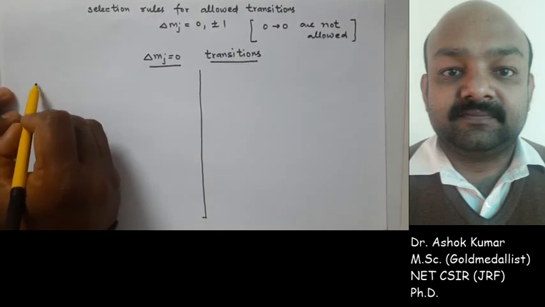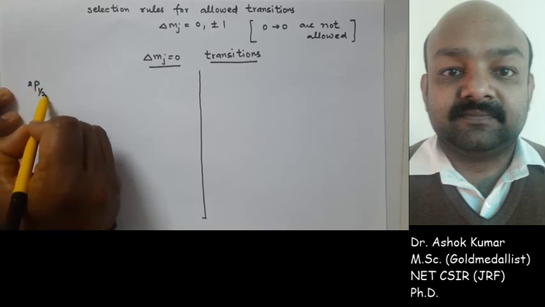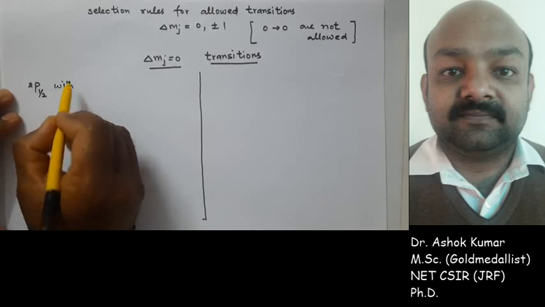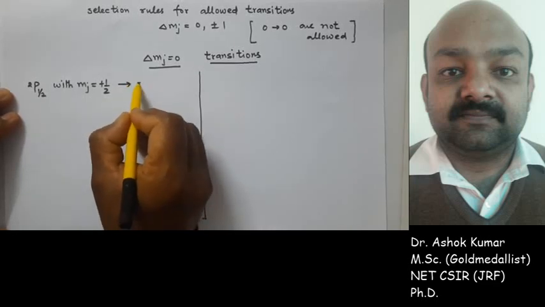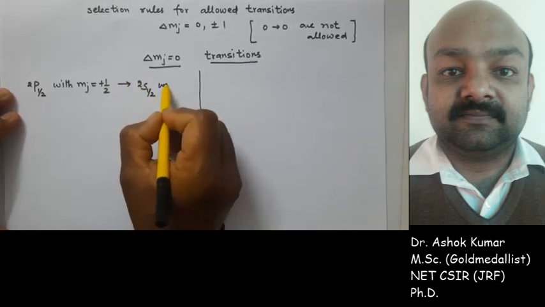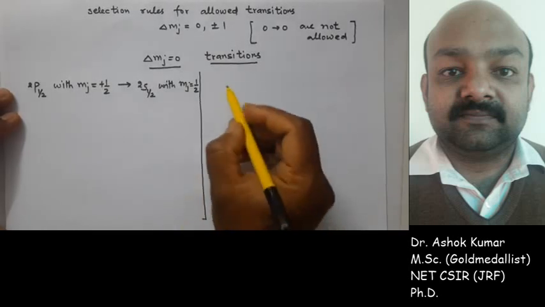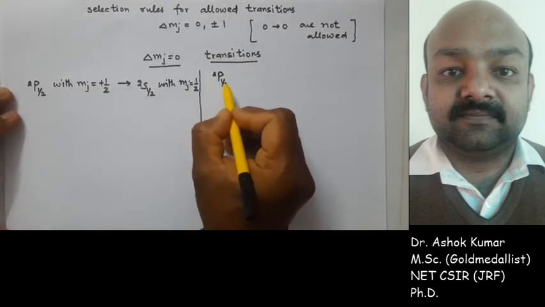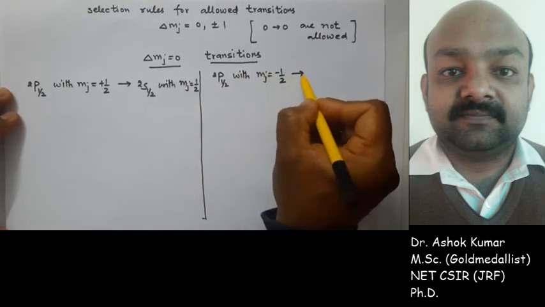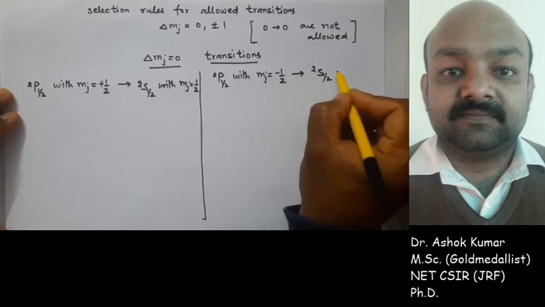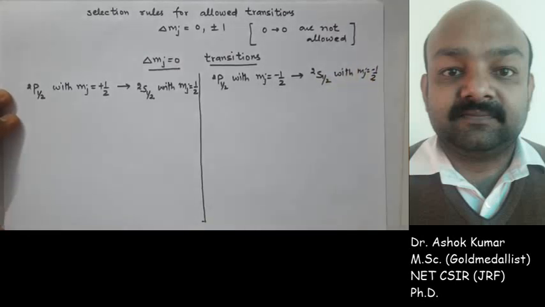The first transition is from the 2P 1/2 level with mj half to the 2S 1/2 level with mj half. The second transition is 2P 1/2 with mj minus half to 2S 1/2 with mj minus half.